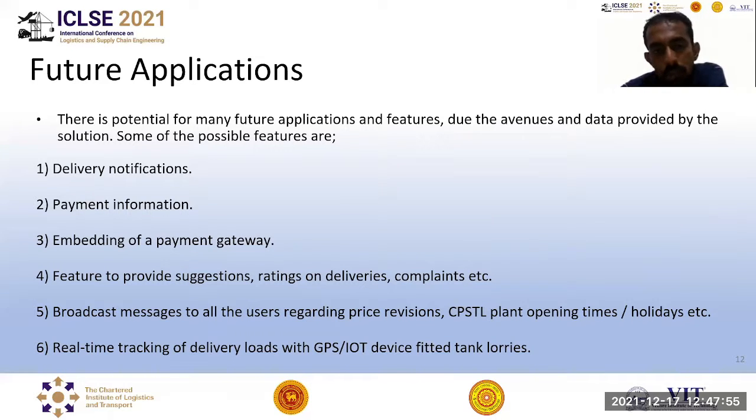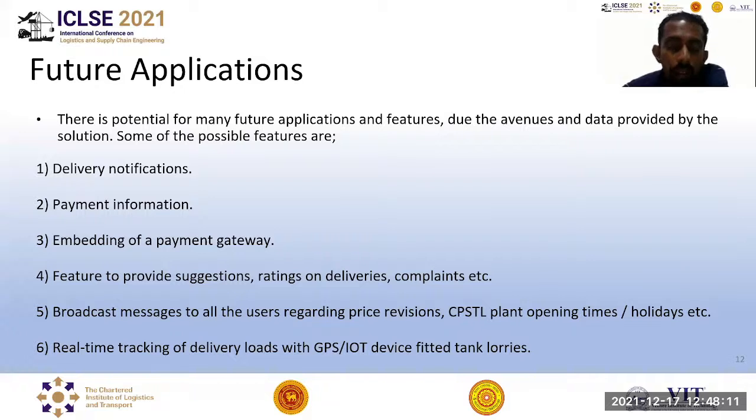Then we can have some sort of customer CRM features, customer relationship management features, such as a way to provide suggestions, maybe rate the delivery drivers and all that, and to log complaints.